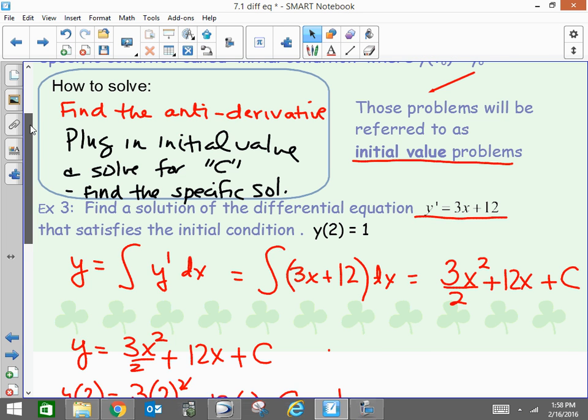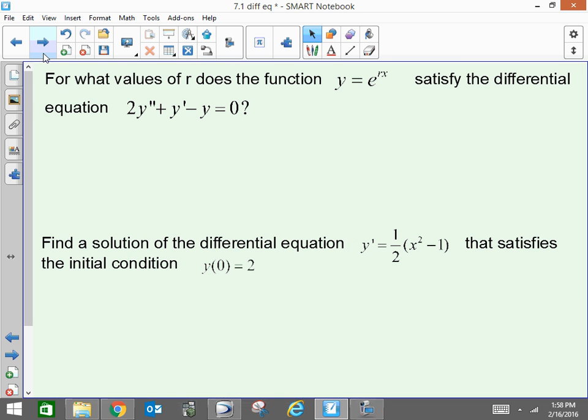Okay? All right. For what values of r does the function y equals e to the rx satisfy the differential equation 2y double prime plus y prime minus y equals 0. Okay, so any suggestions about what we could do here? Find y prime, okay.